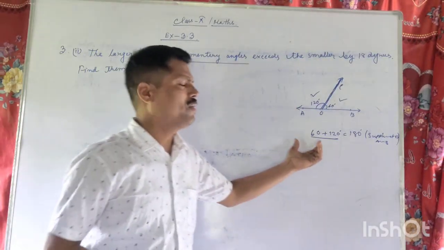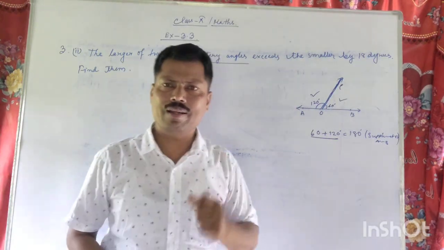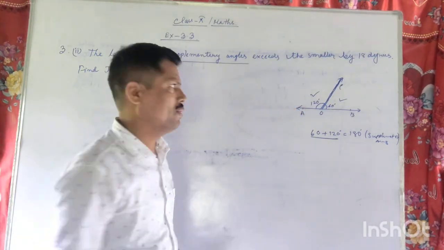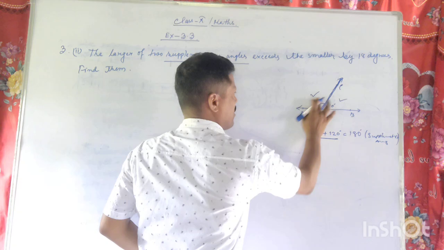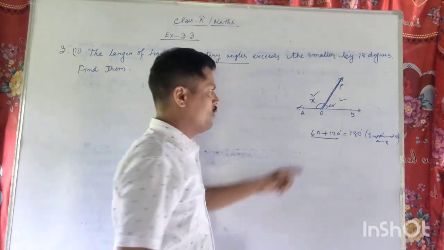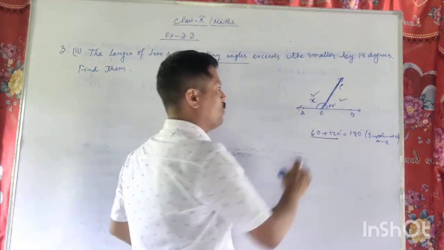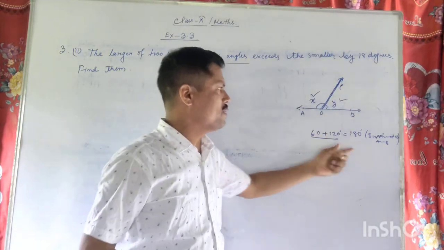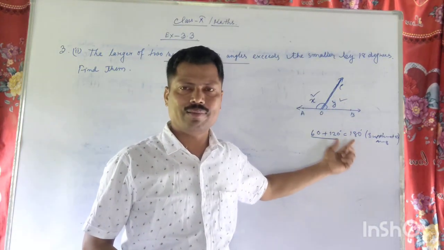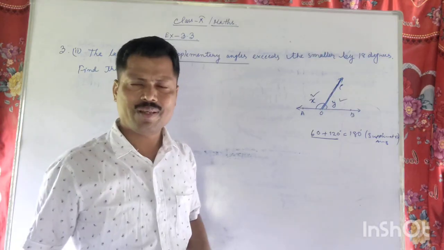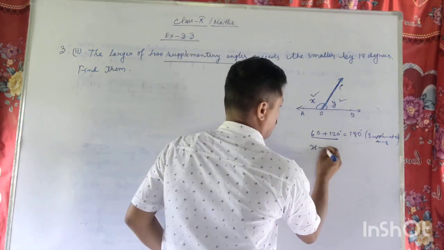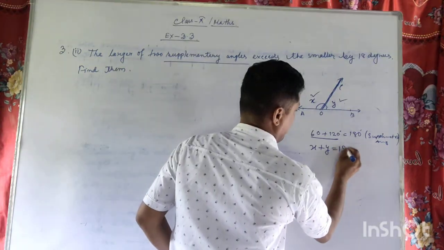If we let X be in place of 120 degrees and Y in place of 60 degrees, then X plus Y is equal to 180 degrees. The sum of supplementary angles is always 180 degrees. So X plus Y is equal to 180 degrees.